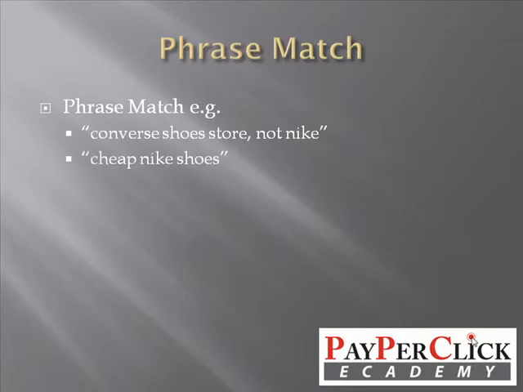The search term cheap Nike shoes will, however, trigger your ad because the words Nike and shoes are in the right order and they're right next to each other. Alternatively, if they search for just Nike shoes, your ad will also be triggered as well.